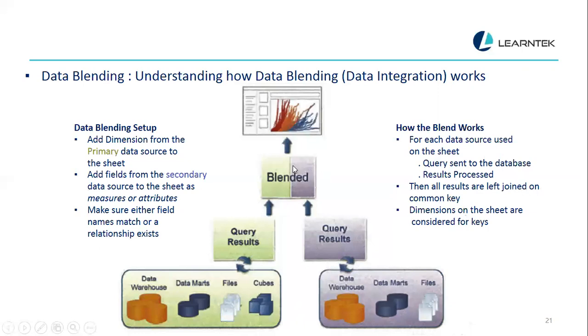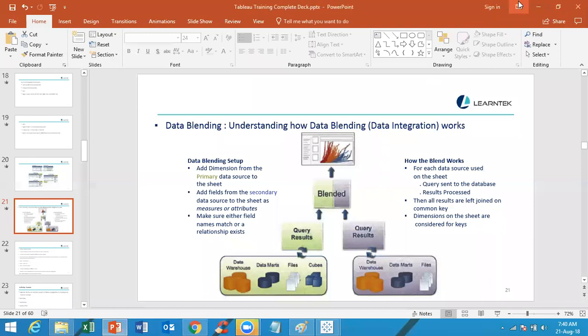The join that is applied is left outer join by default in blending. Dimensions on the sheet are considered for keys. Obviously, dimensions would be taken for common keys between these two data sources. This is how data blending works.